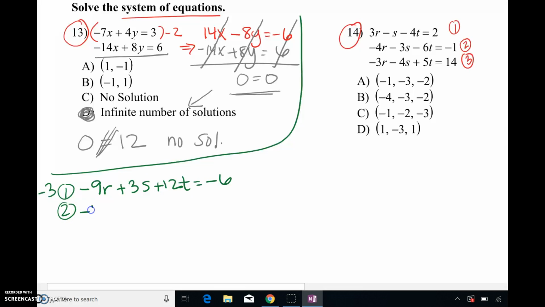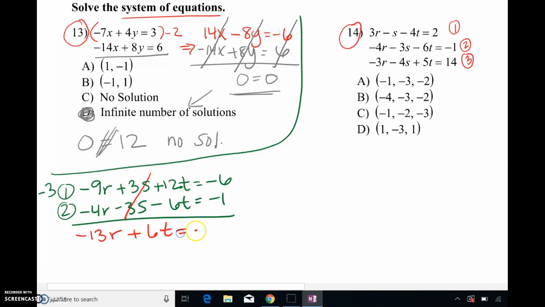Equation 2 I didn't do anything with, so I'm just going to copy it exactly how it is. Okay, if I did this properly, the s is going to eliminate like I want, and I'm going to get a negative 13r plus 6t equals negative 7.